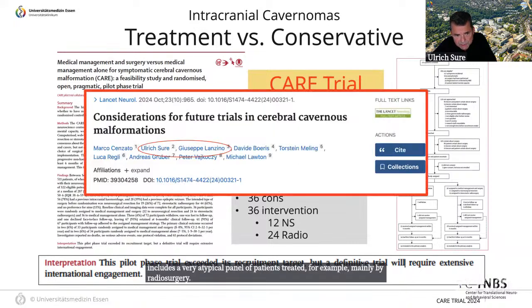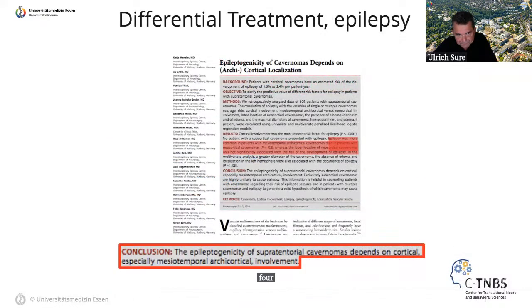And for that reason, also Giuseppe and I share another publication. We wrote a letter to comment on that. Maybe those of you who are interested, have a look at that. That has been published maybe 4 weeks ago.